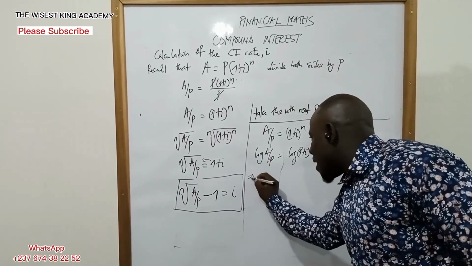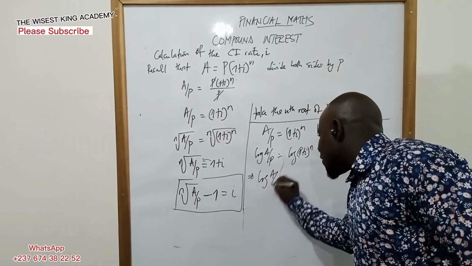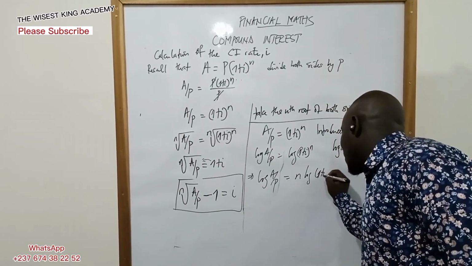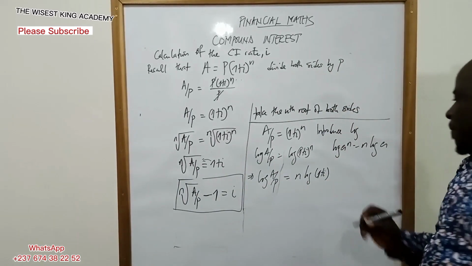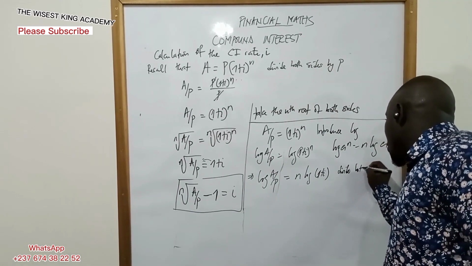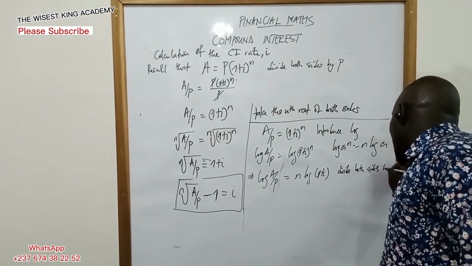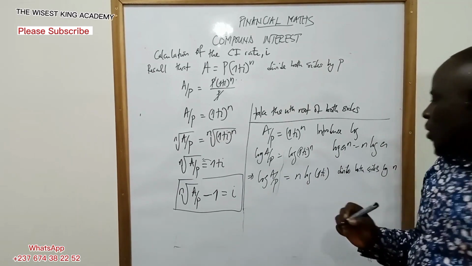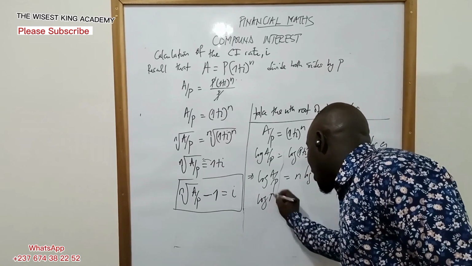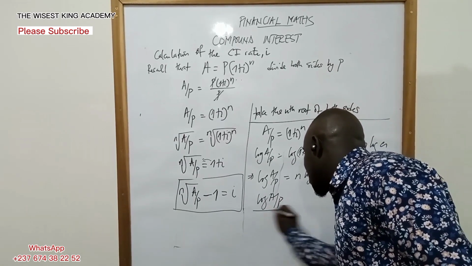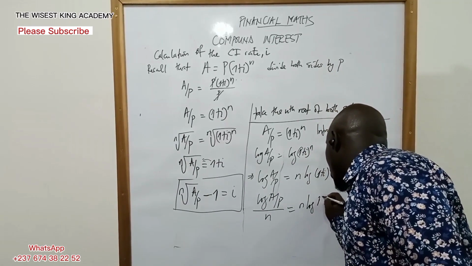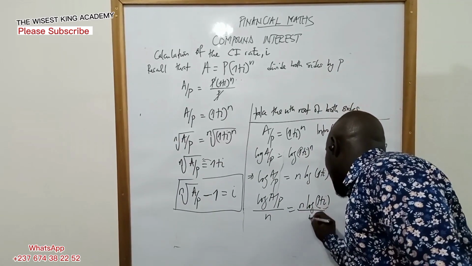So it therefore implies that log A over P will be equal to n log 1 plus I. Divide both sides by n. So if we divide both sides by n, we are going to have log A over P divided by n, which will be equal to n log 1 plus I, all of this divided by n.